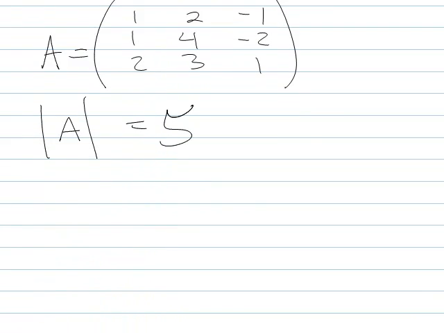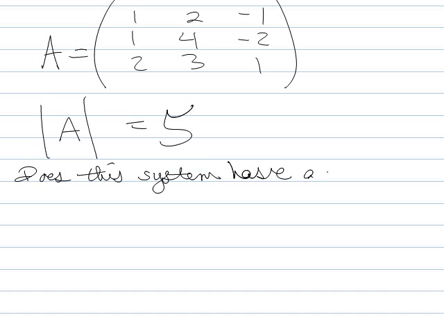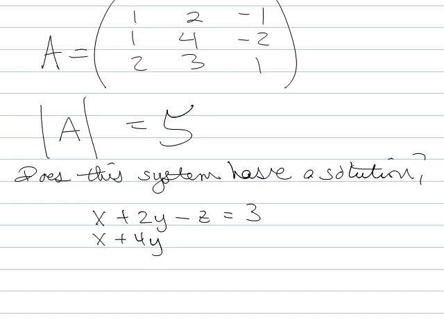Now where this comes into play is I could now ask you, does this system have a solution? So if I gave you a problem like this, where I said x plus 2y minus z is 3, x plus 4y minus 2z is 6, 2x plus 3y plus z is 2.